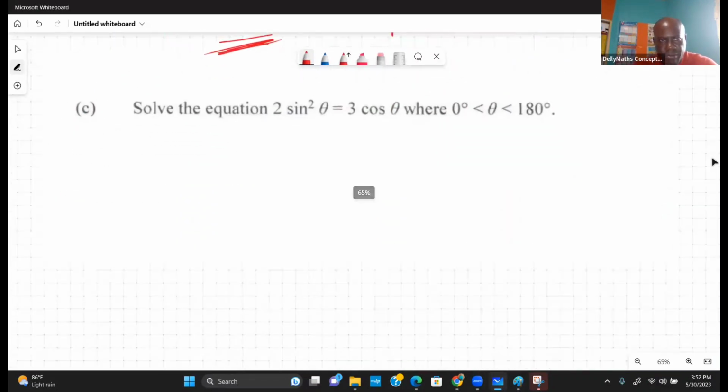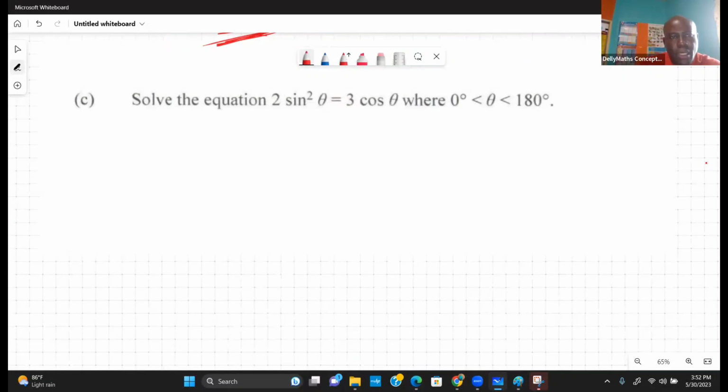Final question for question 3. We're solving a trig equation. So basically, we have 2 sine squared theta, which is equal to 3 cos theta, and we're going between 0 and 180. What we want to do is swap things out.